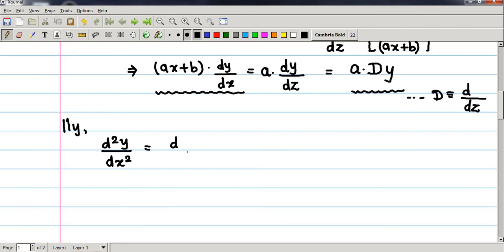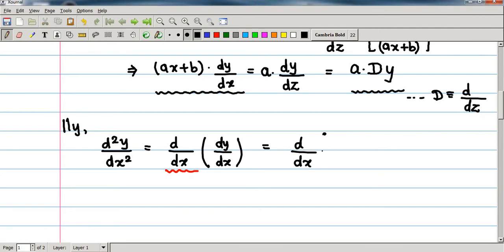It is nothing but the derivative with respect to x of dy by dx, and since again we can apply the chain rule, it is the derivative with respect to x of dy by dz into dz by dx.